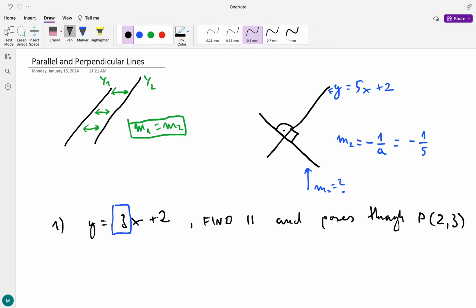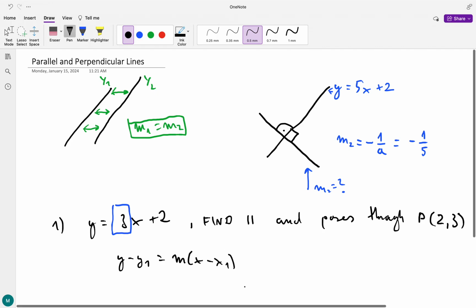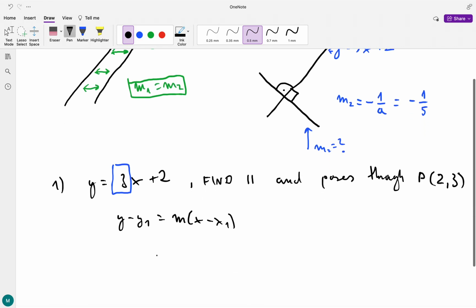So all we have to do right now is use the point-slope formula, which is y minus y1 equals m times x minus x1, where y1 and x1 are the coordinates from our point P. We already know that m is 3, so let's plug in the numbers. y minus 3 is equal to 3 times x minus 2.